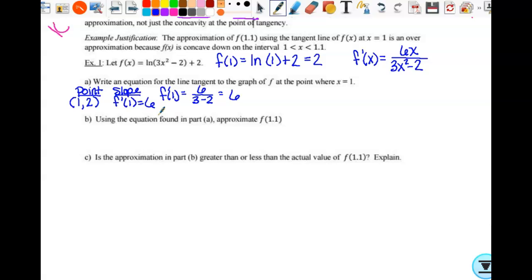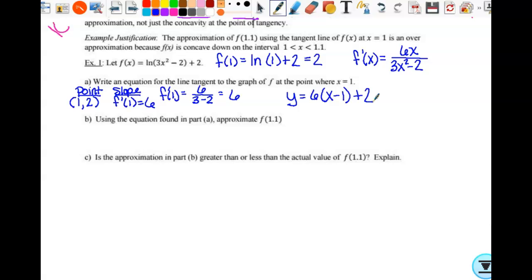So I write the equation of the line. My equation is y equals my slope, which is 6, times x minus 1. And then what comes next? Plus 2. That is the equation for the line tangent to the graph at the point where x equals 1.